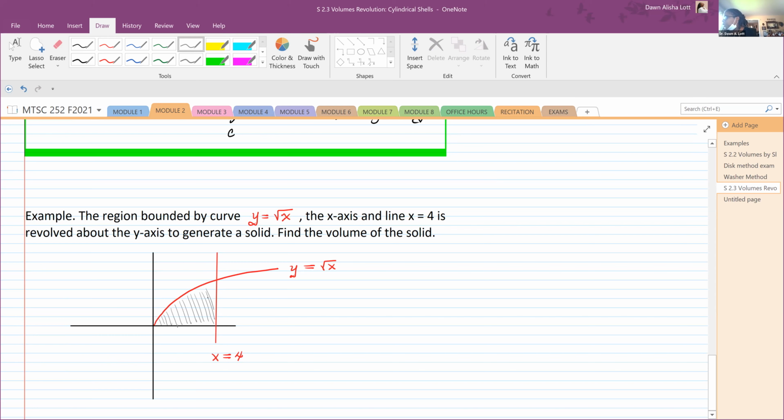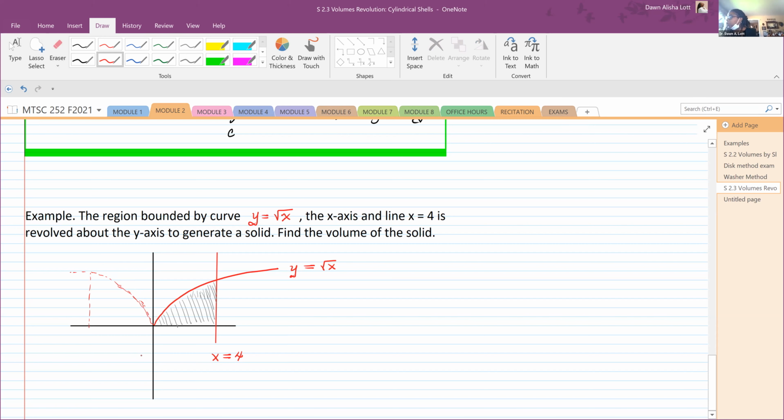So that's my region. When I revolve it about the y-axis, I get something like this. I like to at least see what it's going to look like when I revolve it, so that's why I draw it. Okay, so now I'm set.